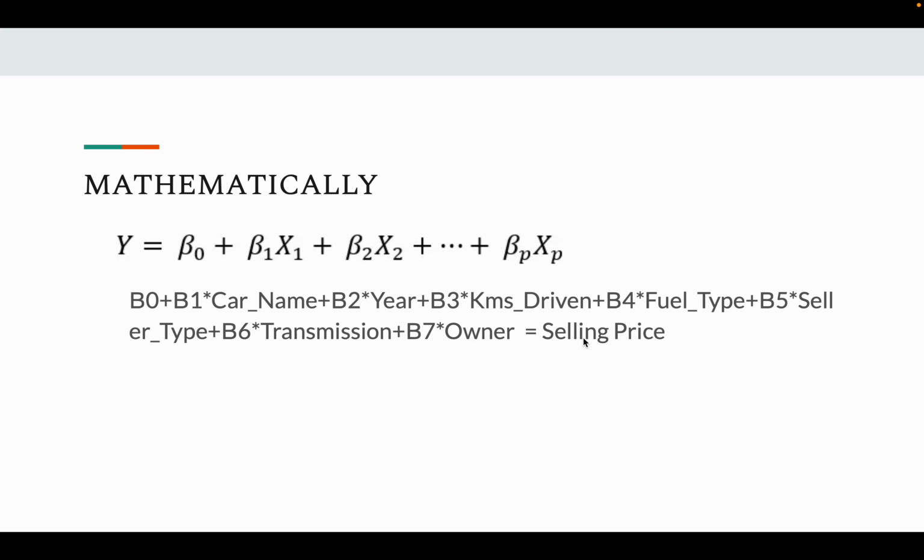Then by calculating all those things, we will get the selling price. So in multilinear regression, our algorithm will try to figure out β0, β1 until β7, which will contribute minimum error. That is the goal of multilinear regression.